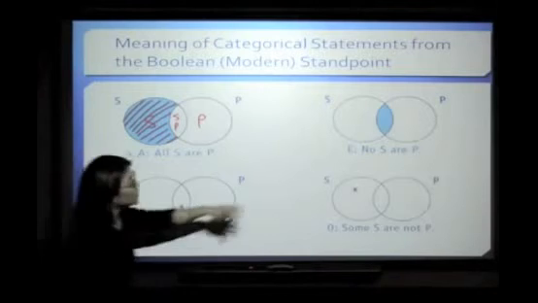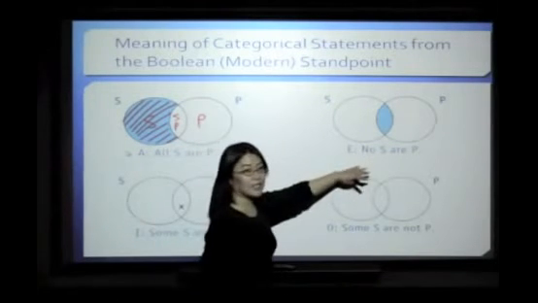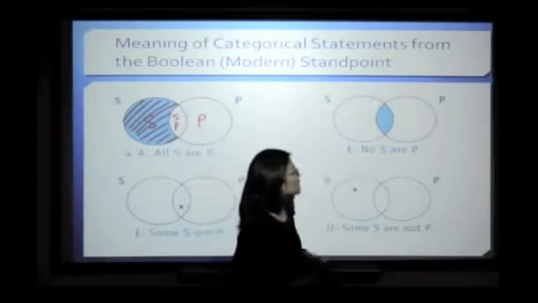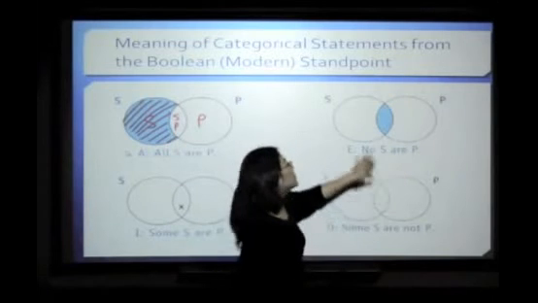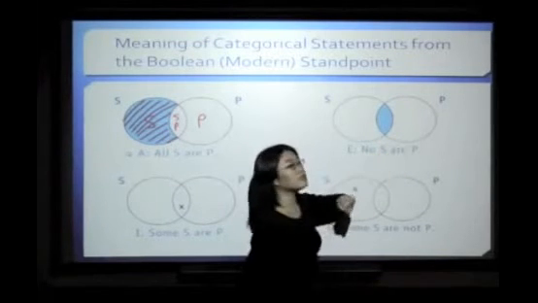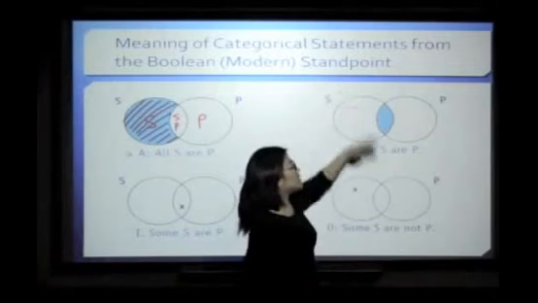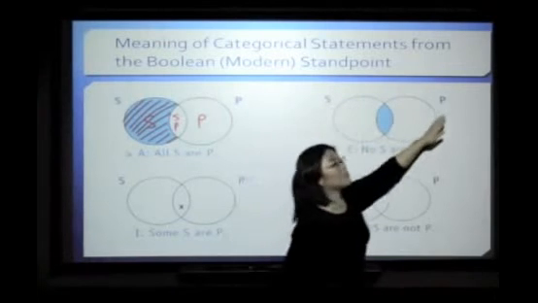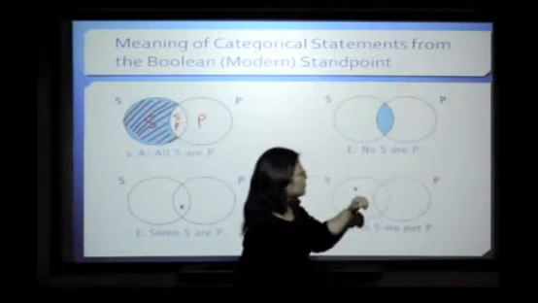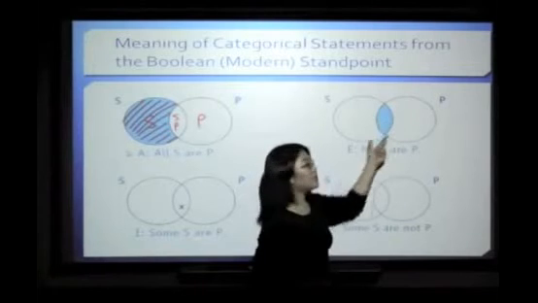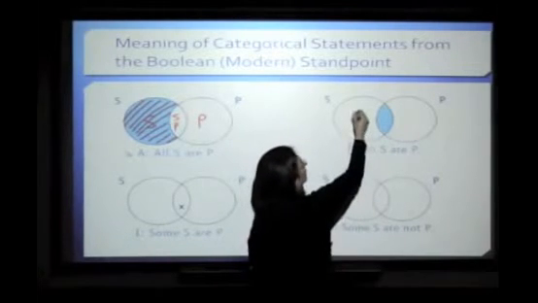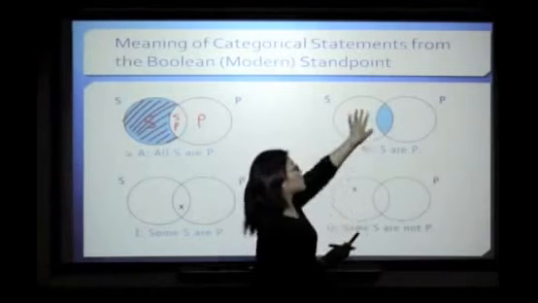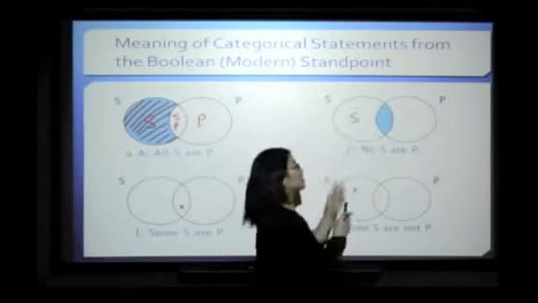Now let's look at the universal statement, E-type statement. Here we have the statement no S are P. Once again, we have two interlocking circles, one circle representing the subject term and the other circle representing the predicate term. And they have the overlap here in the middle. Now this part of the circle is all the things that are only S's.